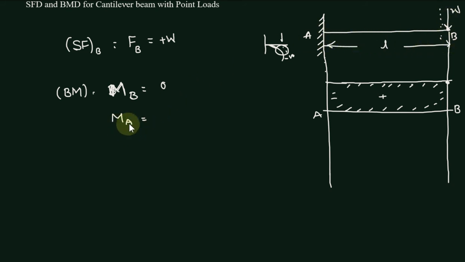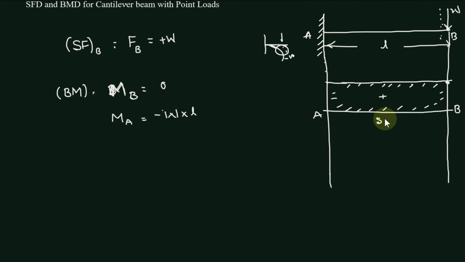This is the negative bending moment, crying. This load will cause the beam to bend like this, which is hogging, so minus W into L, minus WL.